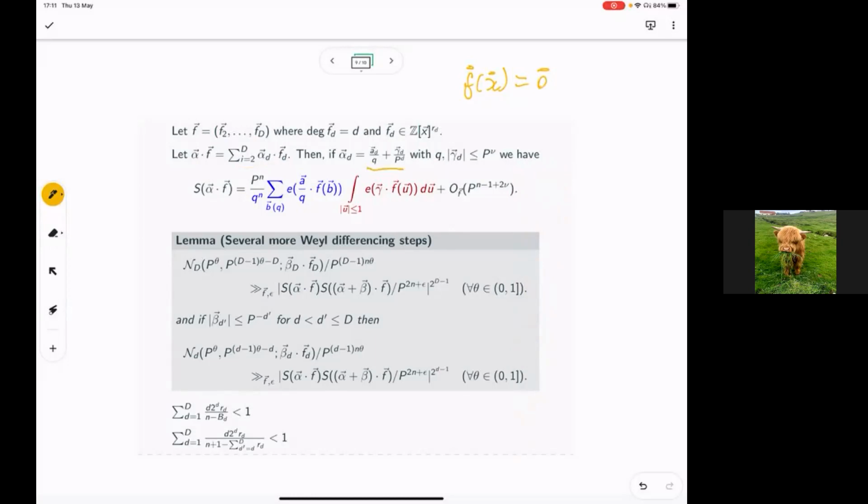So the main difference, notationally, is that one needs to have major arcs which are different sizes in different degrees. So the different parts of the vector alpha have to lie within different distances of rational vectors with the same denominator. Okay. And as I say, making the appropriate changes, the level set approach from before will go through.